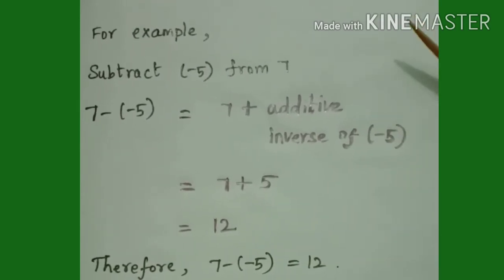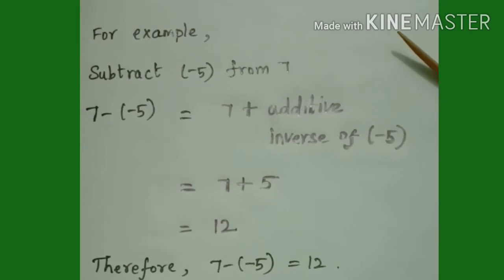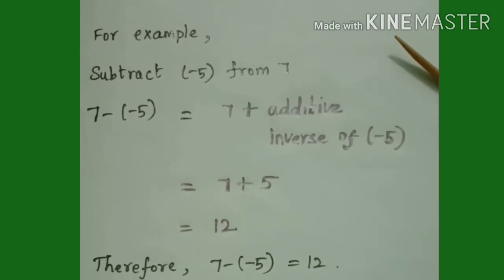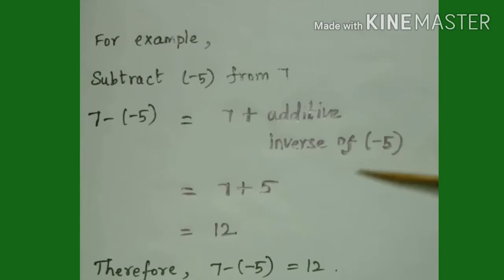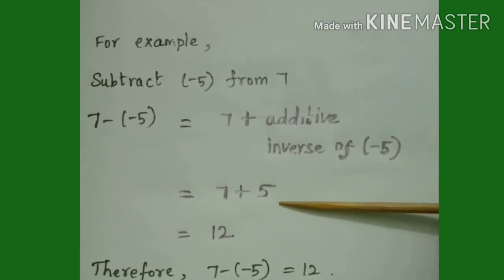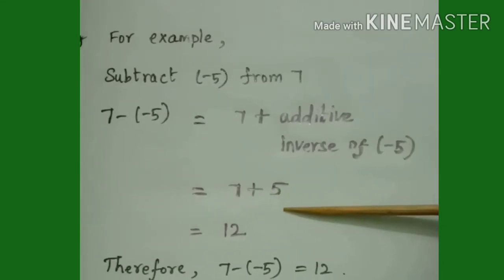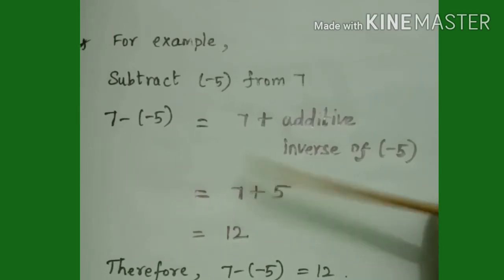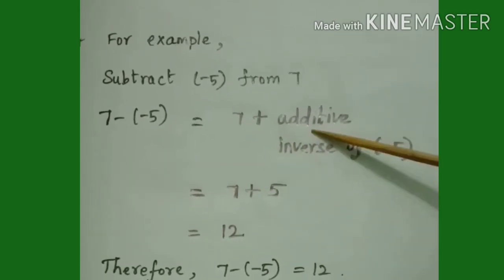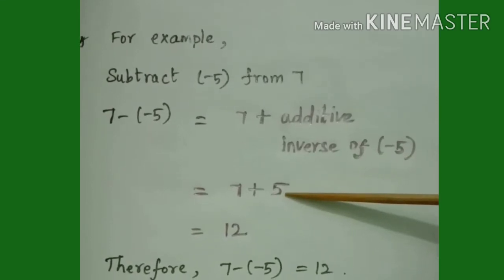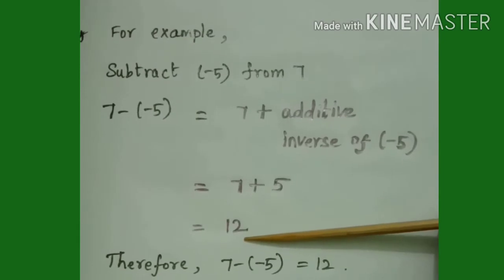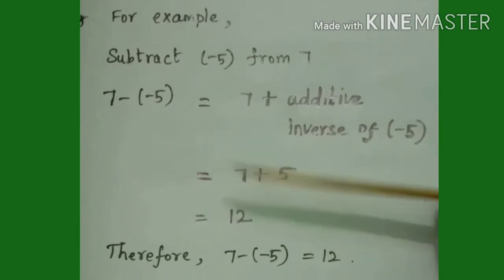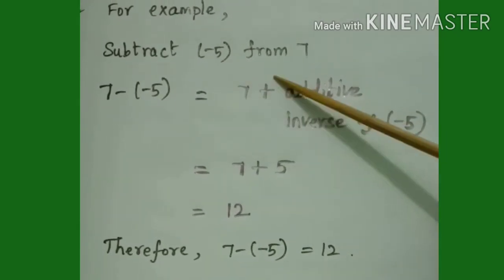As we have already seen in the last class, additive inverse of any negative integer, say minus 5, is nothing but the same integer with the positive sign, that is plus 5 itself. So here 7 plus additive inverse of minus 5 is plus 5. Therefore, 7 plus 5 gives 12, which is the solution of the given subtraction problem.